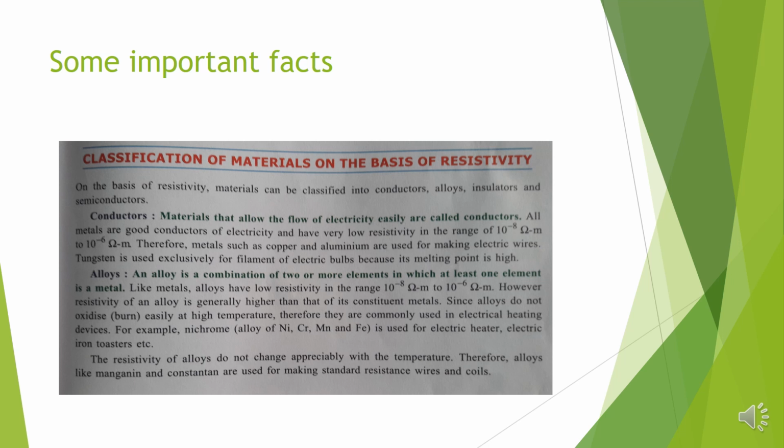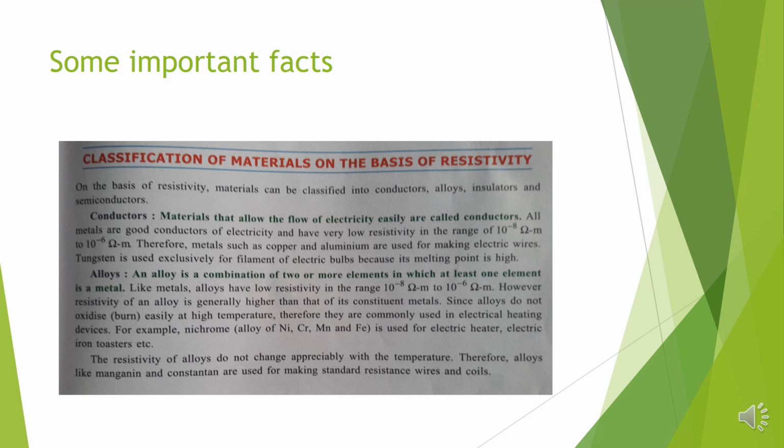But since alloys do not oxidize or burn easily at high temperature, we prefer to use alloys. For example, nichrome. It's an alloy of nickel, chromium, manganese and iron. This nichrome wire is used for electric heaters, electric irons, toasters, etc. because they don't burn, they don't oxidize at higher temperature.